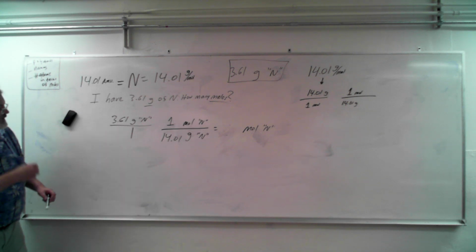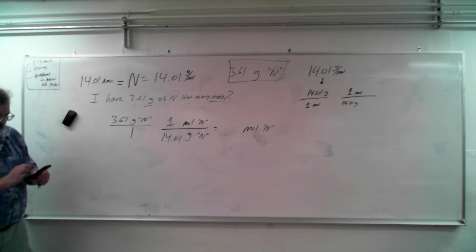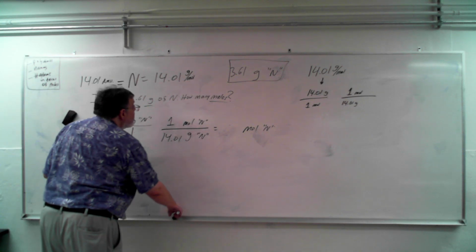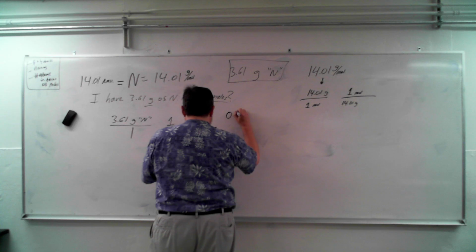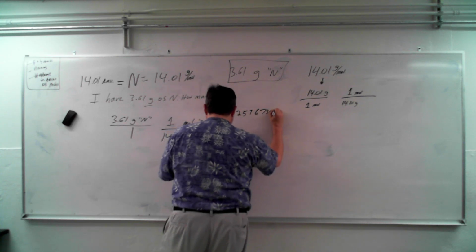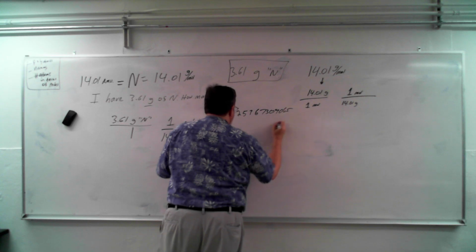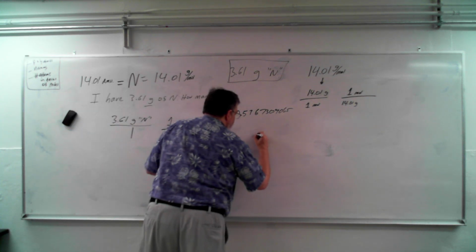If I solve this, it's just 3.61 divided by 14.01, 3 significant figures. My calculator says 0.2 something moles of nitrogen atoms.